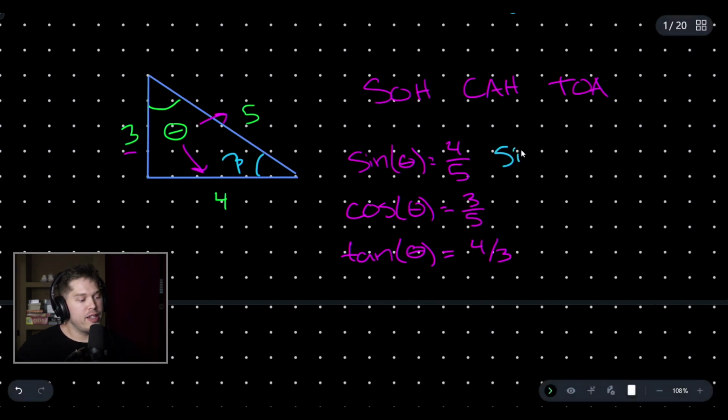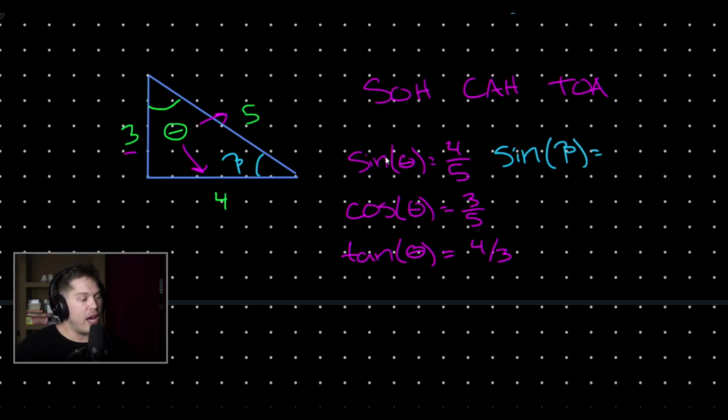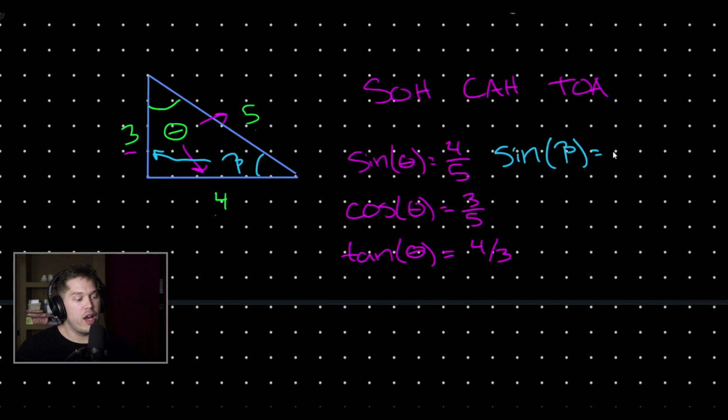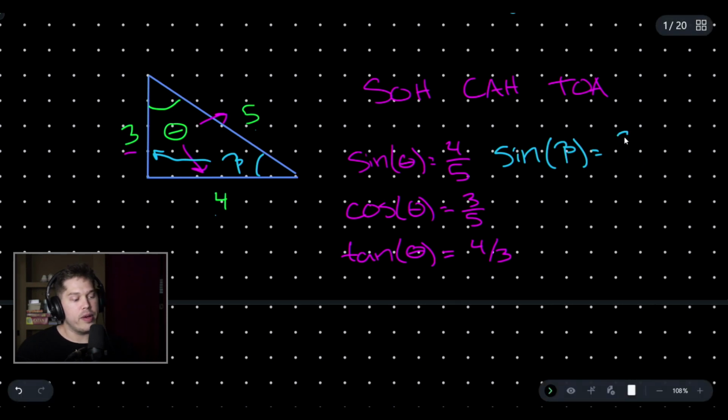Well, the sine of beta is going to be what value? Now we're going to go to the opposite side in perspective of angle beta. So instead of sine of theta being 4 over 5, sine of beta is going to be opposite, which is 3, over the hypotenuse of 5. So sine of beta will be 3 over 5.